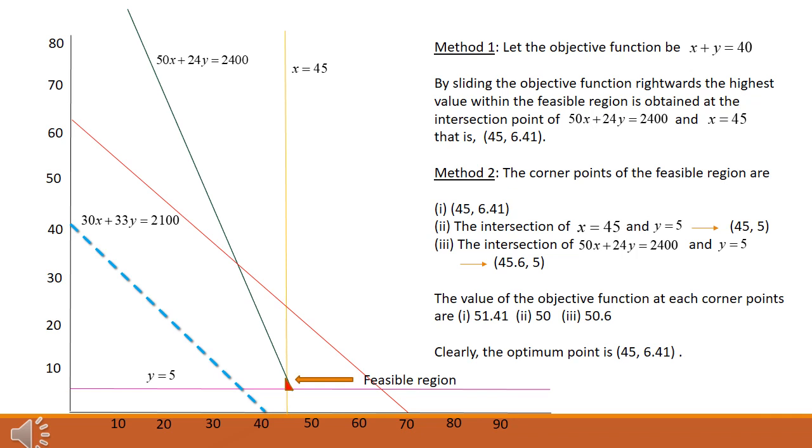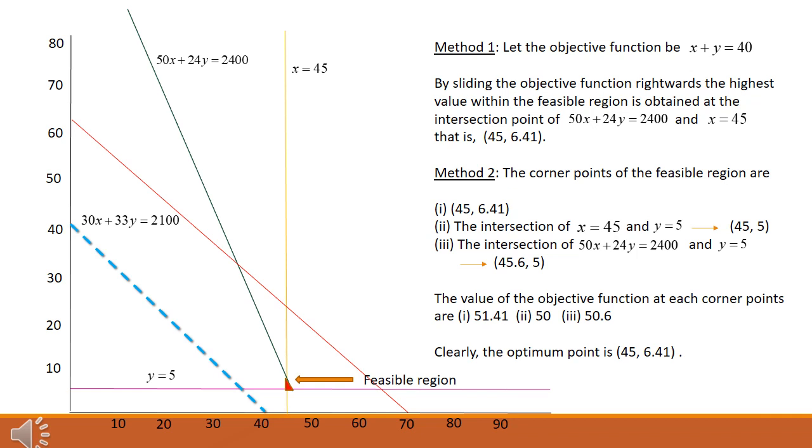The first inequality constraint is 50x plus 2y less than equal to 2400. Now if we put x and y equal to 0, then the inequality is satisfied. Similarly, for 30x plus 33y less than equal to 2100, the inequality is satisfied.